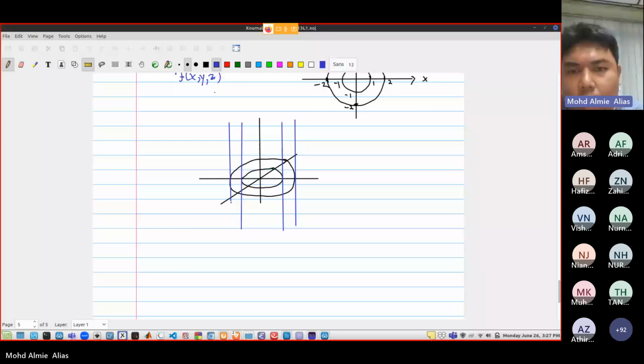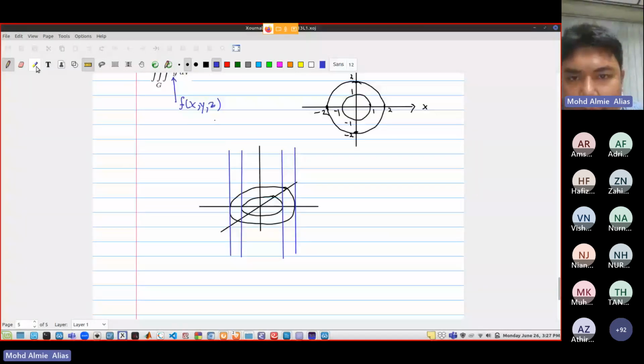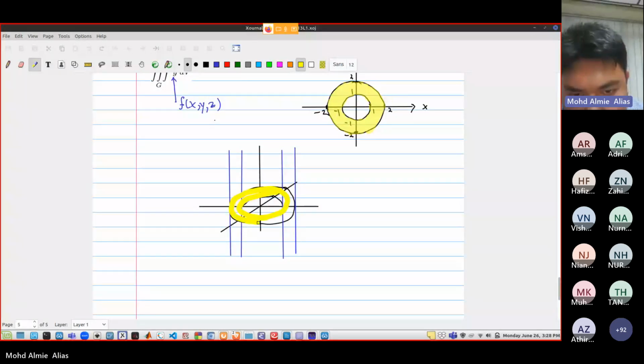Which means you are only going to consider the region that is located between the two cylinders. If you look from the top, you'll see something like a donut. You consider everything in between these two cylinders.